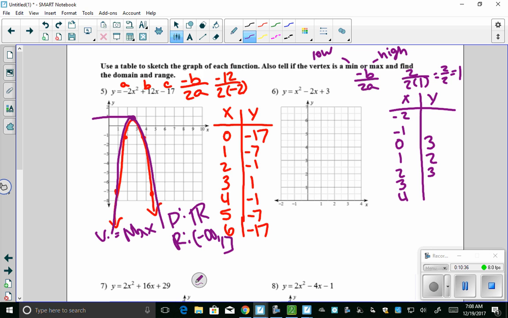And then do 3, which is going to give me 6. And 4 should give you 11. Plot your points. 1, 2, 0, 3, 3, 6, and you can't reach 4.